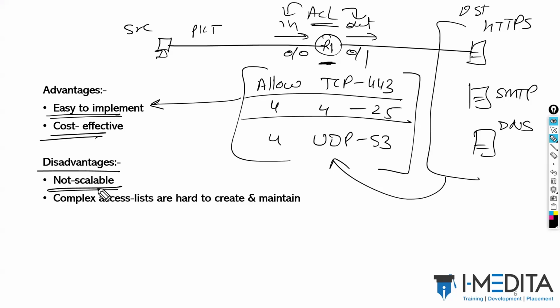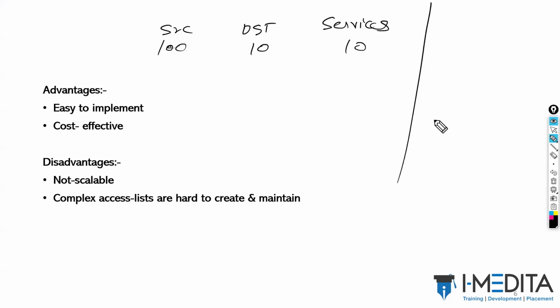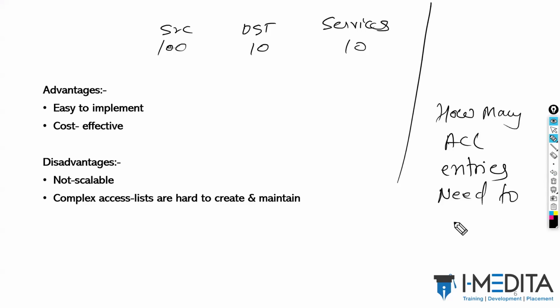So what is the meaning of not scalable here? For example, if we have 100 sources, 10 destinations, and 10 services, now the question is, how many ACL entries do you need to create?